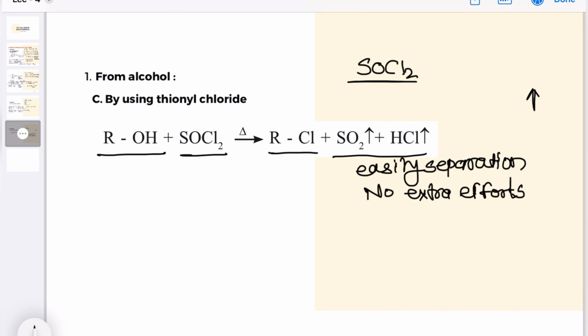Okay, in this lecture we just saw the first reaction from alcohols. In that, 3 points are there: by using halogen acid. Second one is by using phosphorus halide, in the form of either trihalide or pentahalide. And third one is from thionyl chloride. Okay.